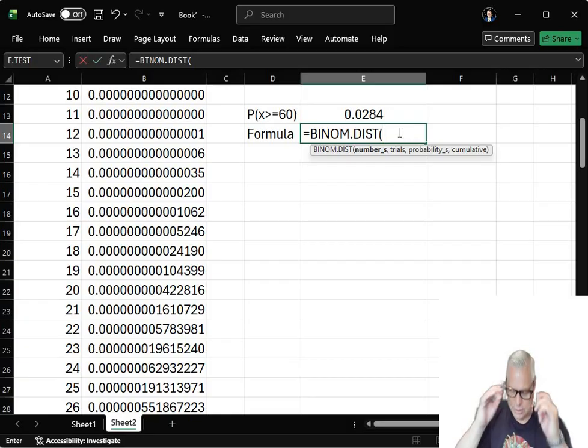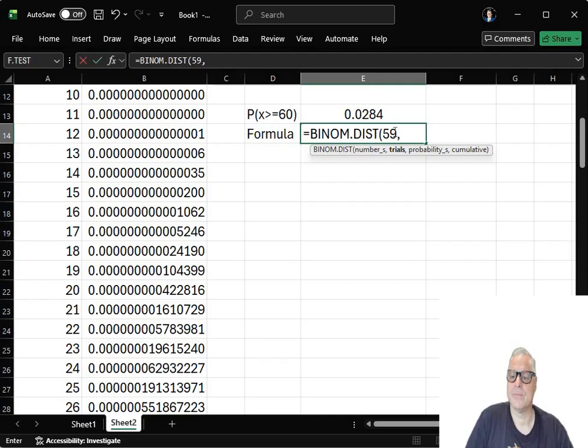Okay, so if I want 60 or more, I have to say the number of successes is actually 59. And again, because the formula binom.dist, if you enter the number of successes and you do it cumulatively, you get everything up to that number.